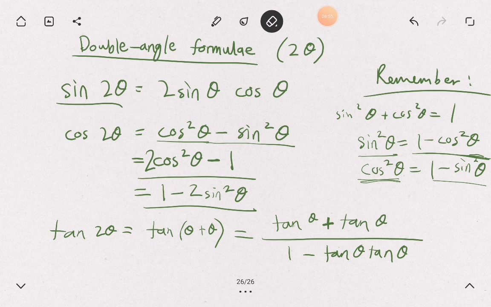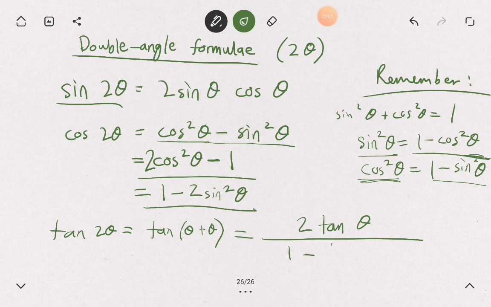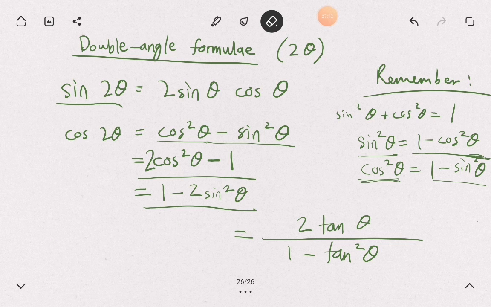So we can change this numerator into 2 tan theta, and then the denominator becomes 1 minus tan squared theta. That's another way we can write it: tangent 2 theta is equal to 2 tan theta over 1 minus tan squared theta.